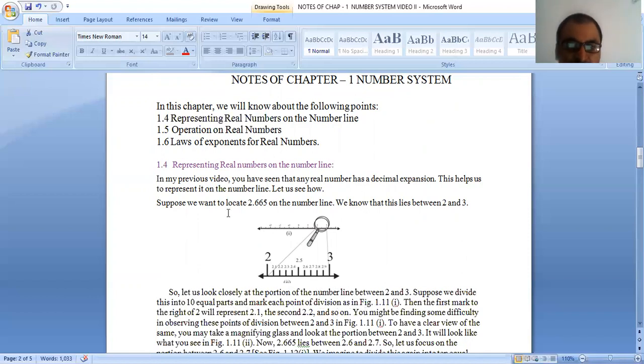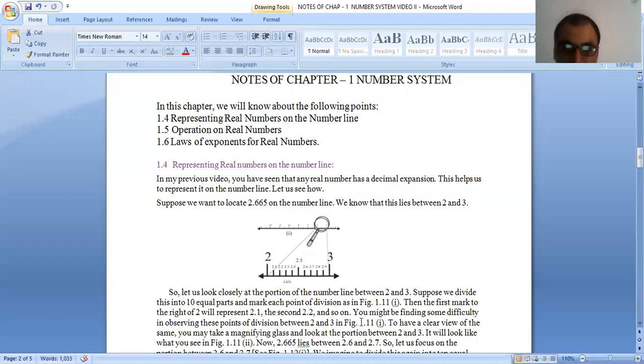So we can write 2.1, 2.2, 2.3, 2.4, 2.5, 2.6, 2.7, 2.8 and 2.9. After 2.9 is 3. Clearly, have all understood or not? Then the first mark to the right of 2 will represent 2.1, the second 2.2, and so on. We can represent till 2.9.